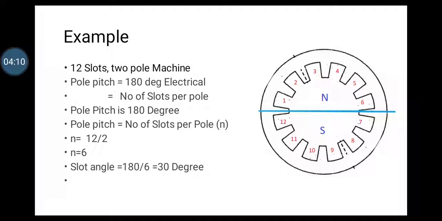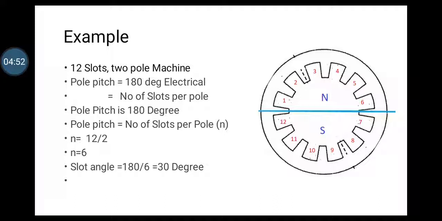Slots 1 to 6 are linked with the north pole, and similarly 7 to 12 are linked with the south pole. So for one pole we have 6 slots, that is n equal to 6. The slot angle is 180-degree divided by 6, that is one pole pitch divided by n, equal to 30-degree. Each slot contributes 30-degree with its adjacent slot.